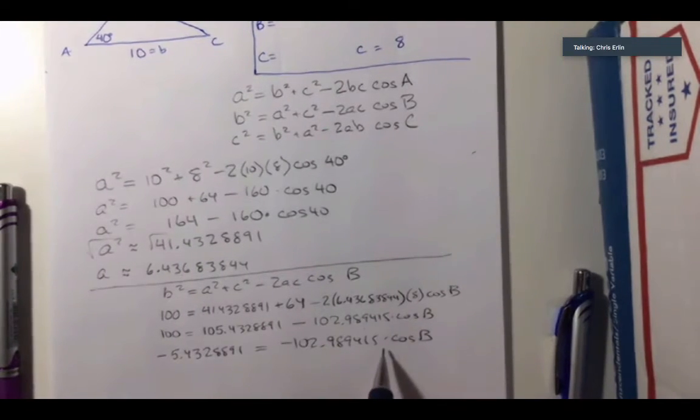I'm trying to solve for the cosine of B. Right now it's being multiplied by this negative number, so I'll divide by that.